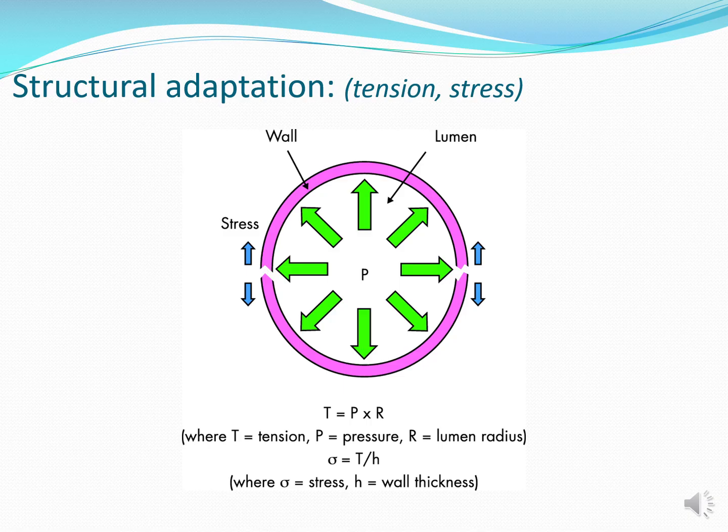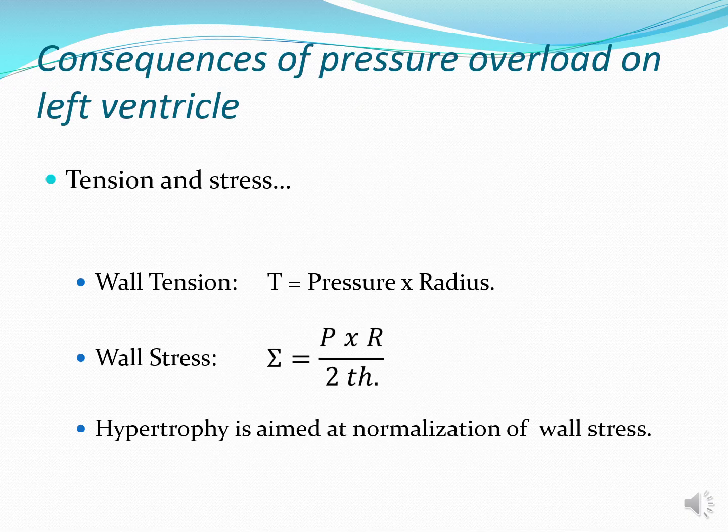And the main principle in hemodynamics is that the heart reacts to try to normalize wall stress on the muscle of the heart. So this is how it looks in clearer terms. Tension is pressure times radius, and wall stress is pressure times radius divided by twice the wall thickness. And hypertrophy aims at normalization of wall stress.